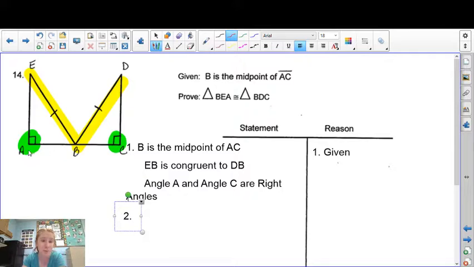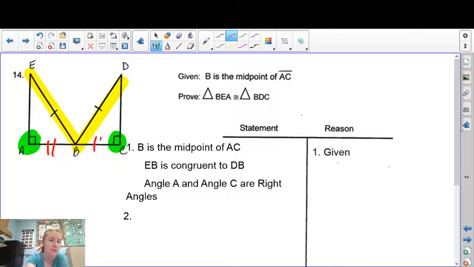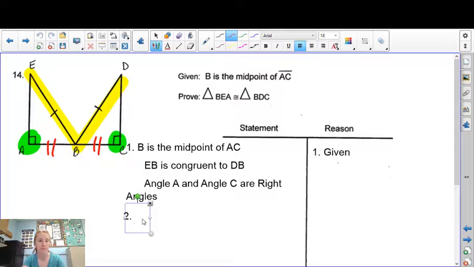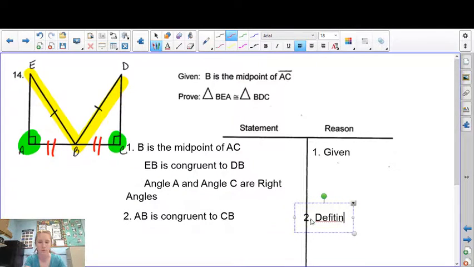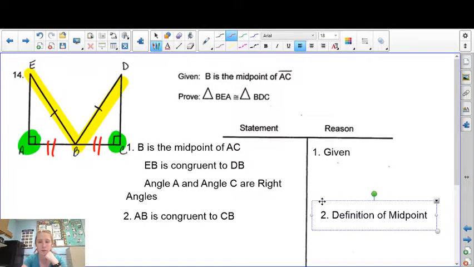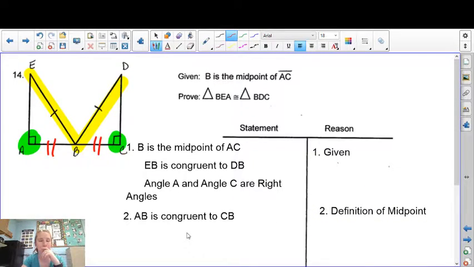So if B is the midpoint of AC, that means B sits in the middle. So therefore, AB and CB must be congruent.